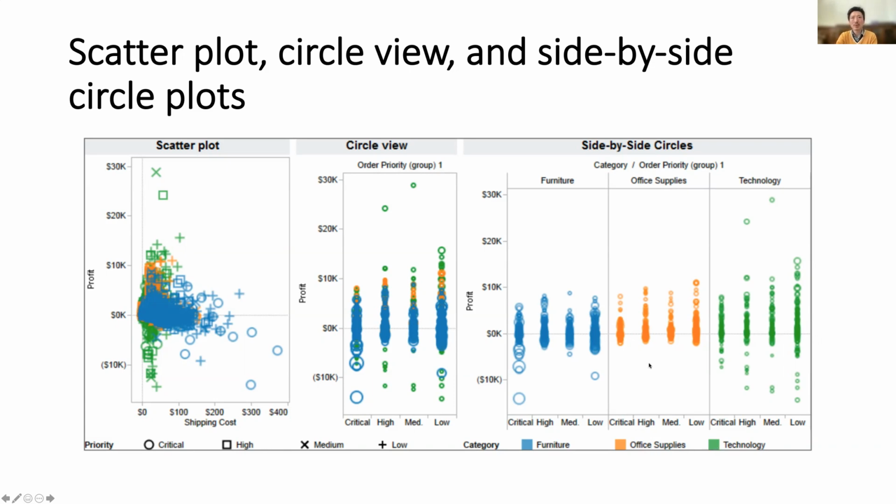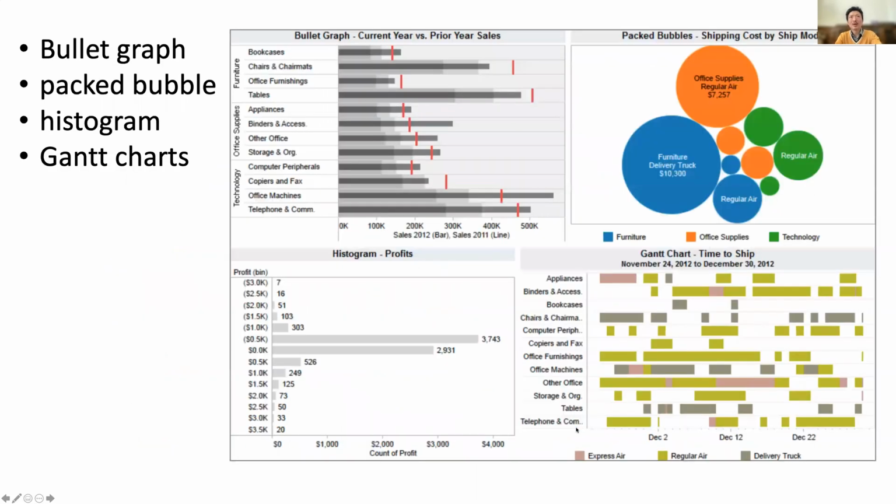And you can break this up. For example, break this up by category first, then you see within each category how the order profitability is for different order priority categories. Okay, and so you can have multiple other types, and we're going to talk about these later on, like the bullet chart and packed bubbles.